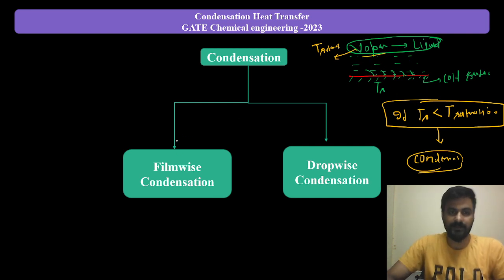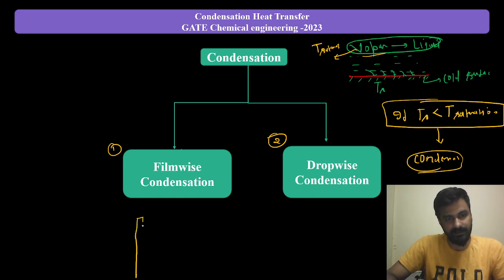So, my dear students, there are two types of condensation operation. One is film-wise condensation, and the second is drop-wise condensation. In film-wise condensation, what happens? Generally, I am taking a vertical plate. I'll let you know why I'm taking a vertical plate after some time.